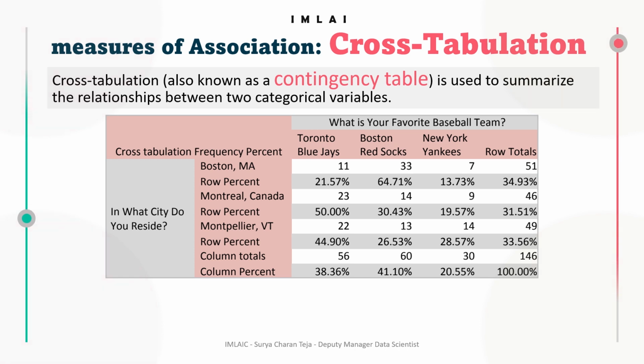A typical cross tabulation table comparing two hypothetical variables is shown here. One is city of residence, which is also a nominal level of measurement, and the other is favorite baseball team.